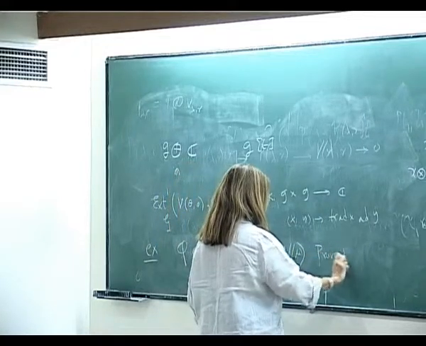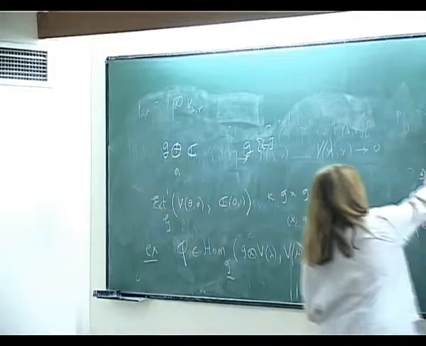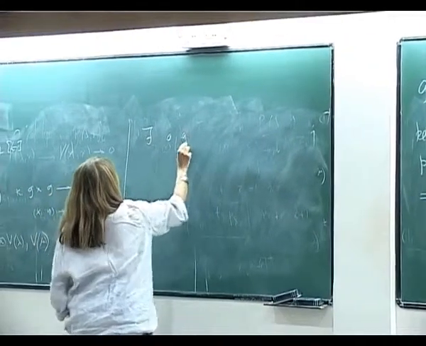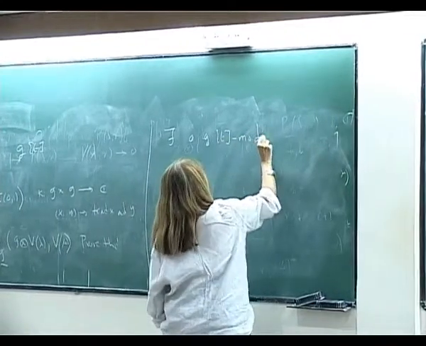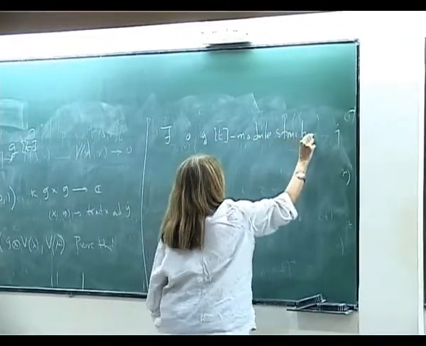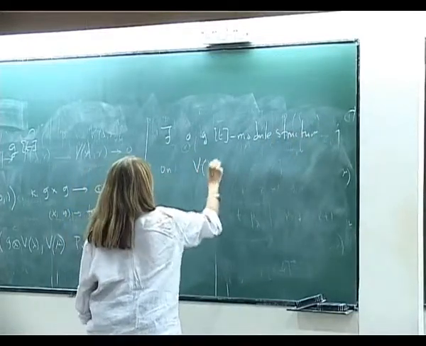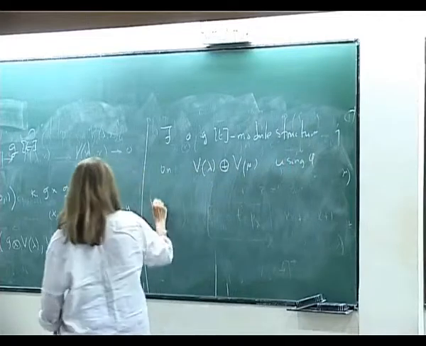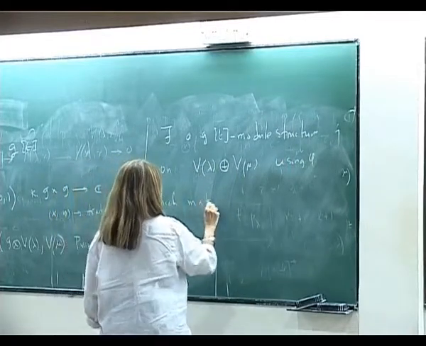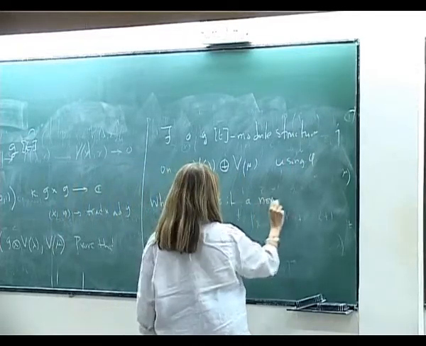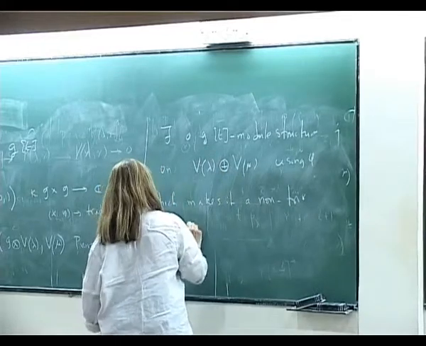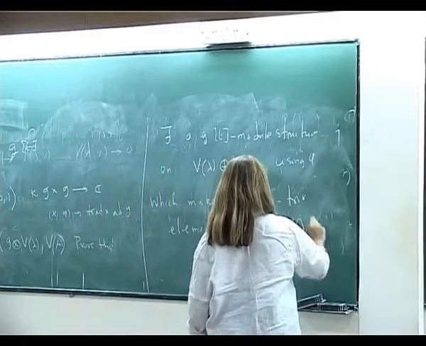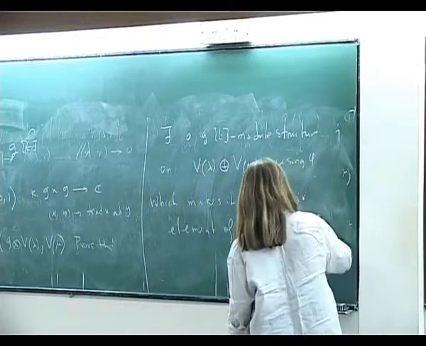Prove that there exists a GT module structure on V lambda direct sum V mu using phi, which makes it a non-split, so a non-trivial element of the X group. So I'll just take V lambda in grade 0, V mu in grade 1.